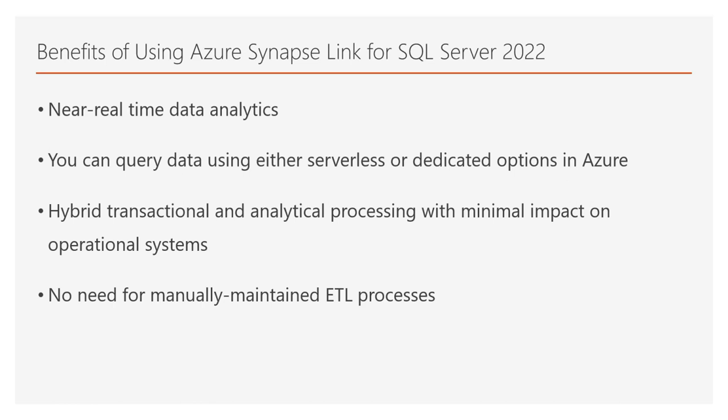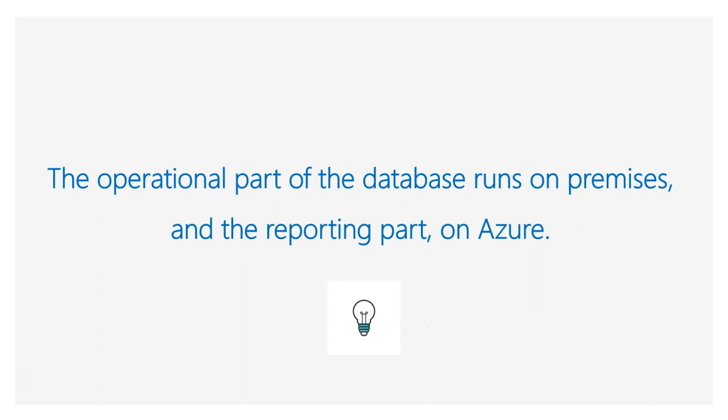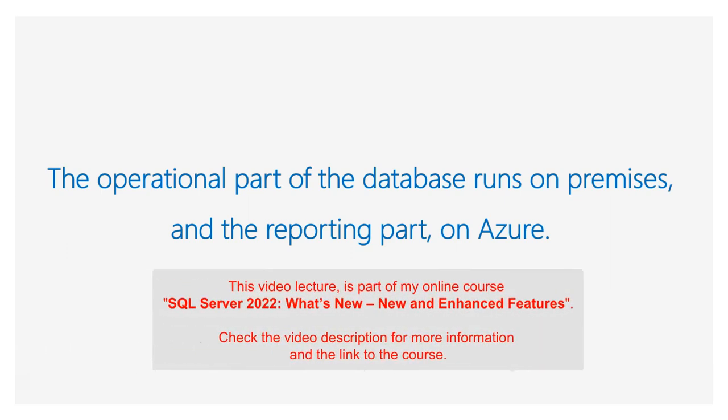If we try to summarize all these benefits into a single benefit that comes up when using Azure Synapse Link for SQL Server, it is that the operational part of the database runs on premises and the reporting part on Azure. This is what actually happens when using the Azure Synapse Link, and this creates all those derived benefits about which we have discussed in the previous slide.